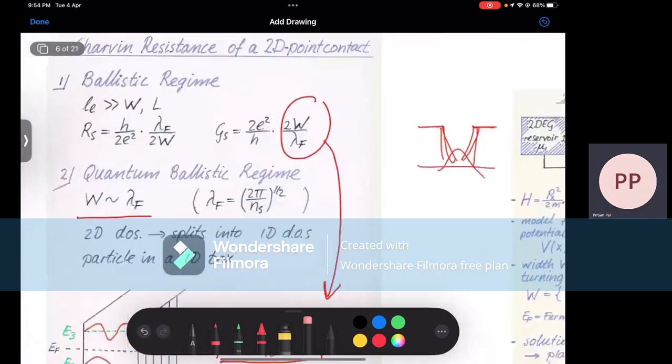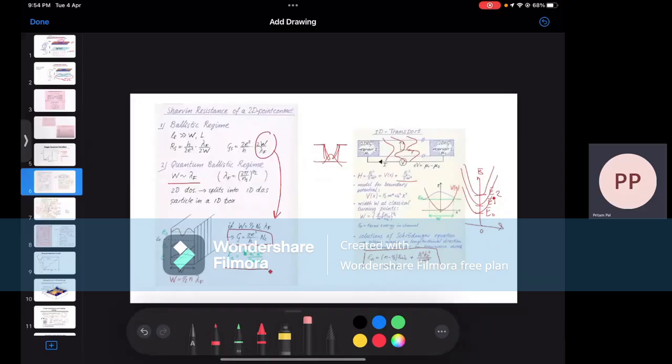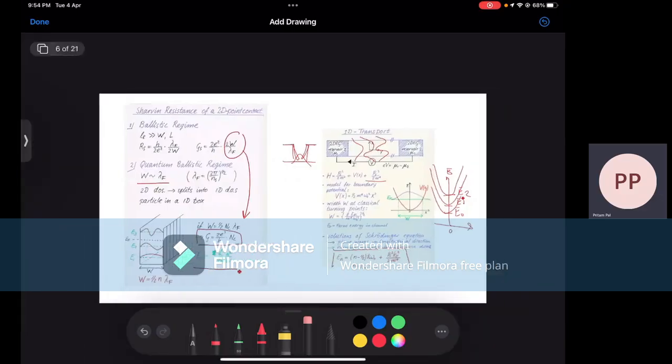So this is this part. Just look carefully at this. All right, so we are in the ballistic regime, and moreover, we are in the quantum regime. We are at low temperature, and the constriction is of the size of the wavelength.